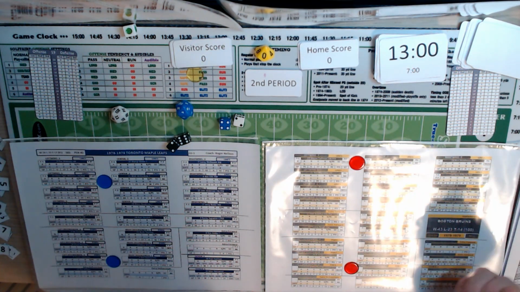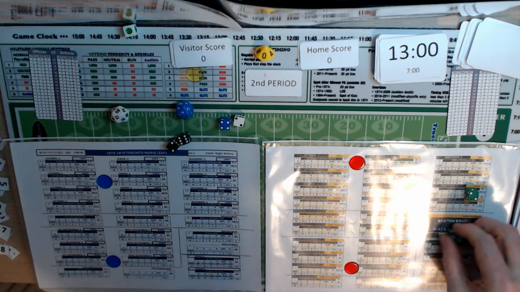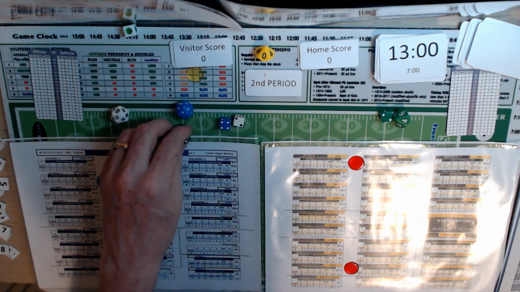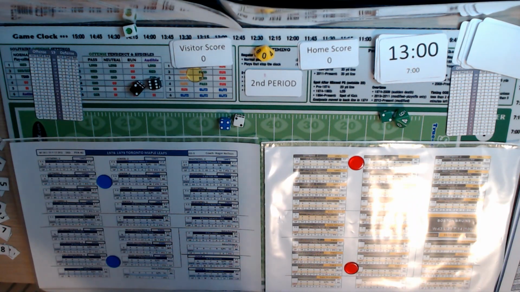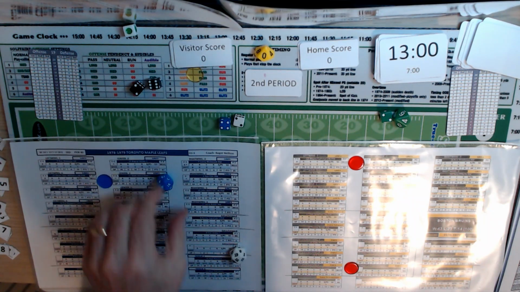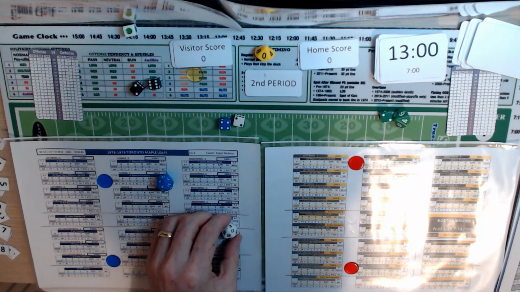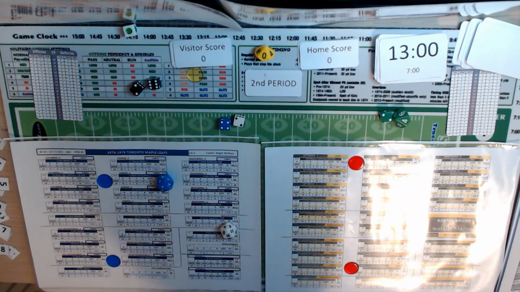So Williams' shot is rebounded to McKechnie. McKechnie's rebound is a 6. And it is a 6 and a 16 and a rebound. And it's a goal! Goal!